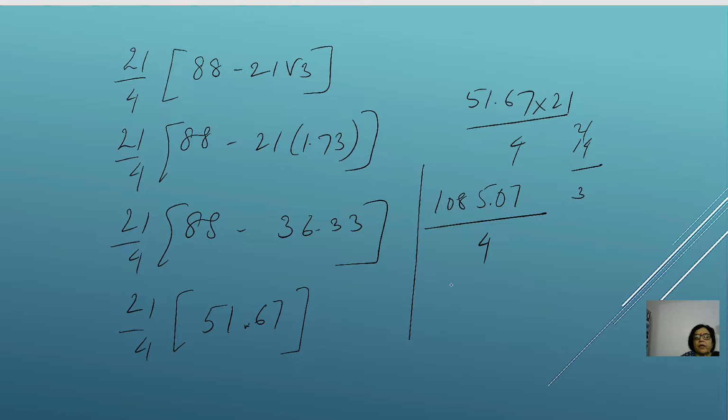So we get over here 4 2s are 8, 4 7s are 28, 4 1s are 4, and carry over, 4 2s are 8, and again 2 remains, 27, 4 6s are 24. So 24 and 3 again remains, so we can view our answer over here, square centimeter. So this is the area of this segment over here.